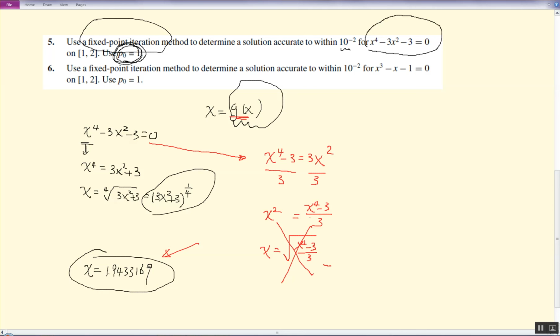So this is the explanation for number 5. Again, you have to try to find the g of x that will produce a sequence of solutions that converge to the real fixed point.